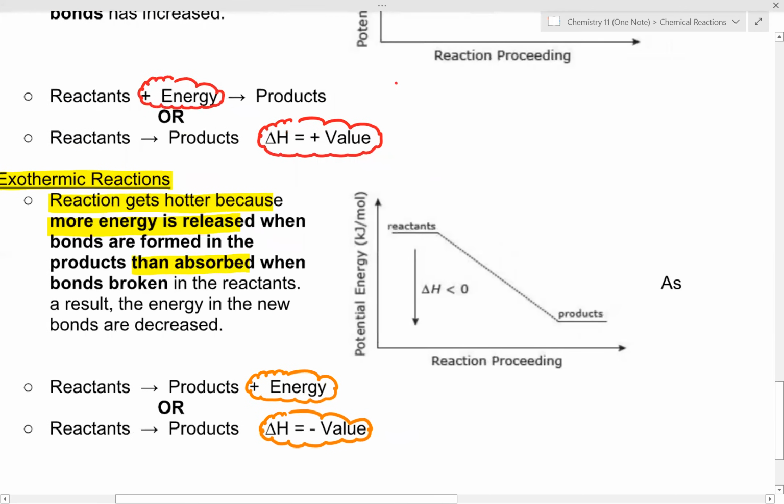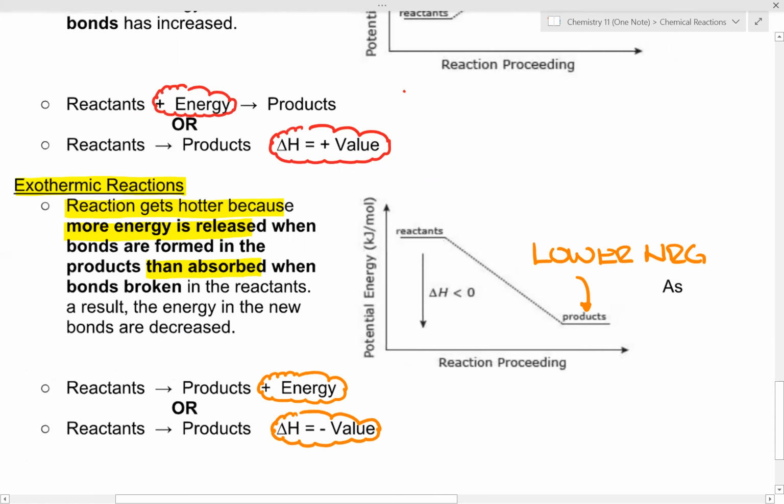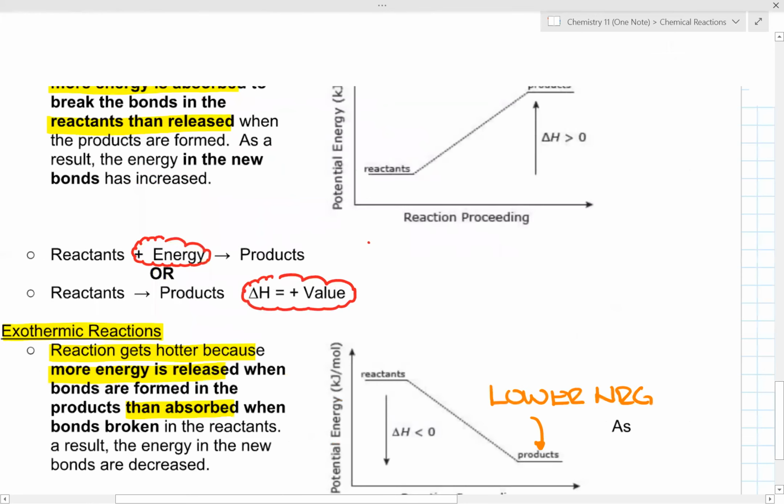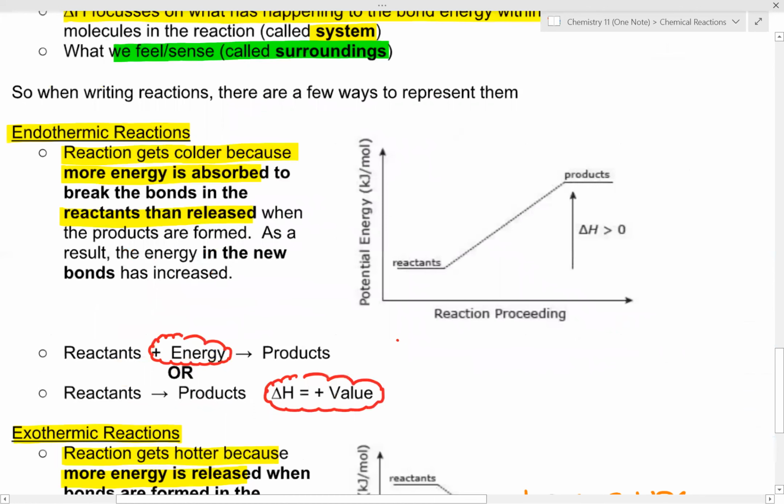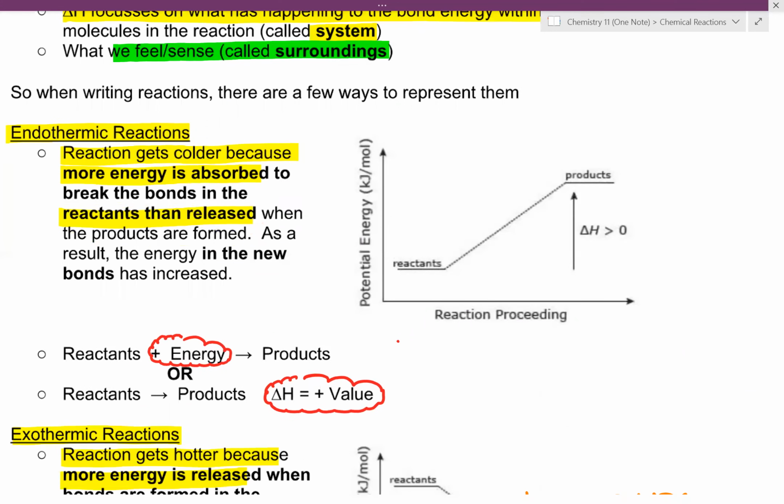So if you take a look here, notice the products are lower energy compared to the reactants, and that's for an exothermic reaction, while for an endothermic reaction, the products have higher energy. So in this case, higher energy.